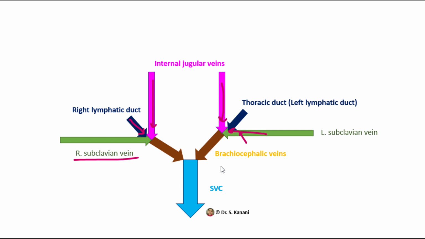And let's recall that left bronchomediastinal is not going to join thoracic duct. Instead, it fuses directly to the left subclavian vein. And we know that when internal jugular veins and subclavian veins on both sides join together, we have formation of brachiocephalic veins that take blood into superior vena cava, which releases blood into the right atrium of the heart.